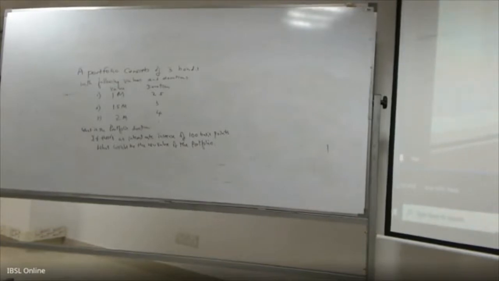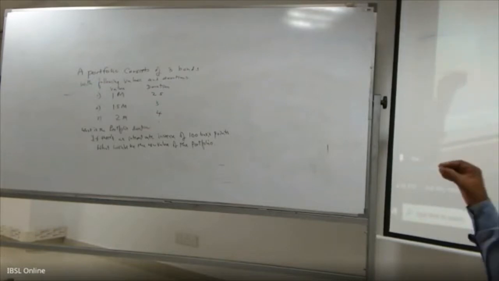What is the portfolio duration? Simple. You have to take a weighted average. What you have to do is multiply the duration with each value: 1 into 2.5, 1.5 into 3, 2 into 4, divided by the total of the bonds. So same thing, no? When you get the weights, you do the same thing.